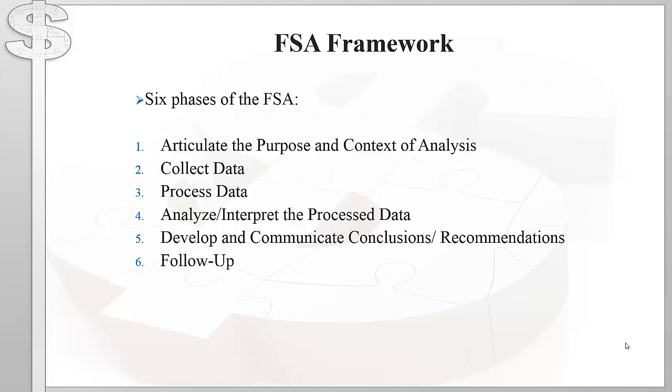It starts with articulating the purpose, collecting data, processing data, analyzing the processed data, developing and communicating conclusions, and following up. We'll now talk briefly about each of these steps.